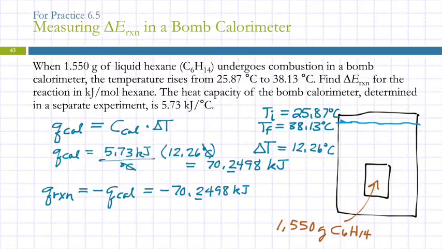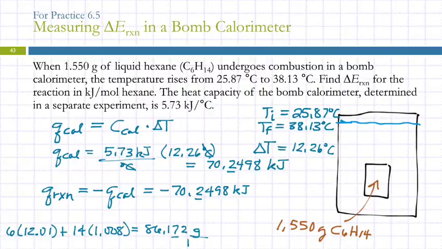Well, we need the molar mass then of hexane, don't we? 6 times 12.01 plus 14 times 1.008 equals 86.172 grams per mole.